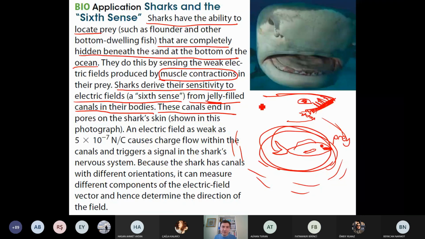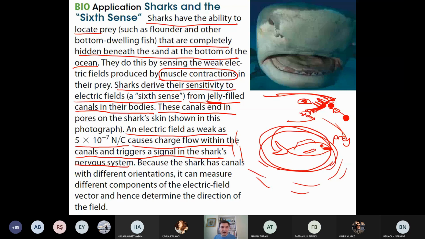An electric field as weak as 5 times 10 to the minus 7 newton per coulomb causes charge flow within the canals and triggers a signal in the shark's nervous system. So if there is an electric field source here, these canals can detect these electric fields, and then the nervous system of the shark can detect them.